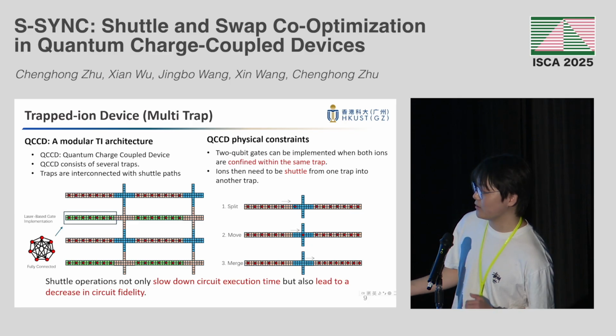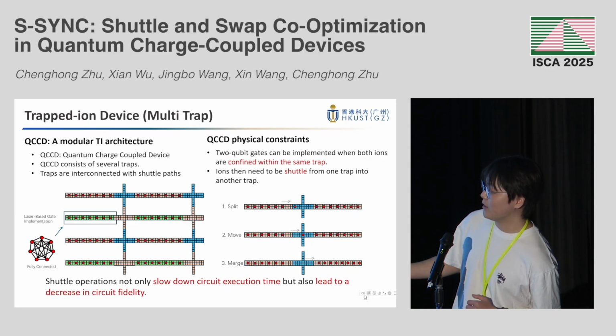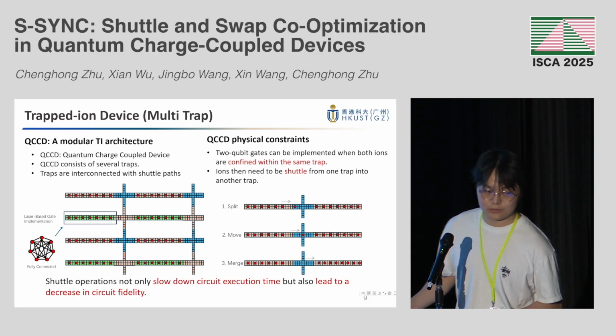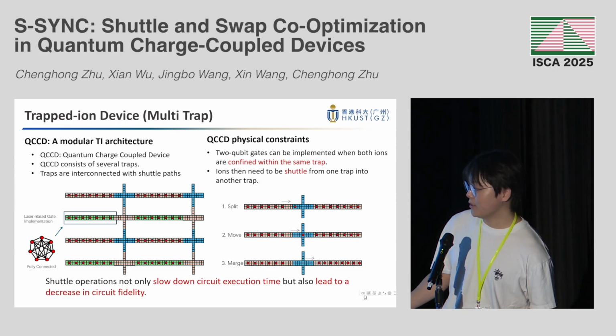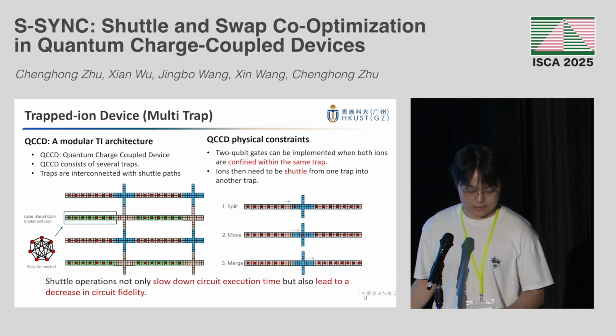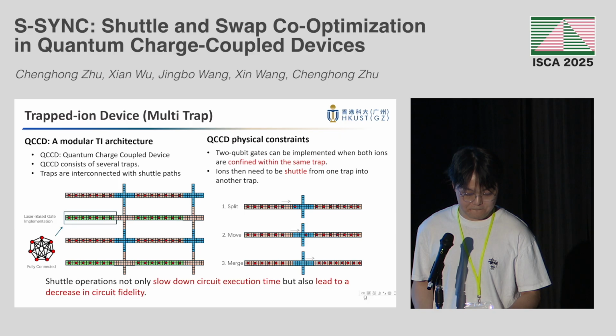This is quite analogous to the TILT devices, and the whole process we refer to as shuttle. This shuttle also has costs: it slows down the circuit execution time and also decreases the circuit fidelity.